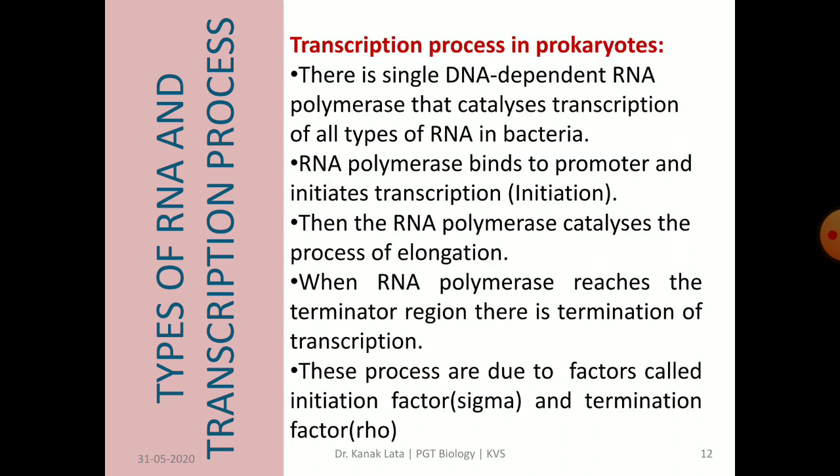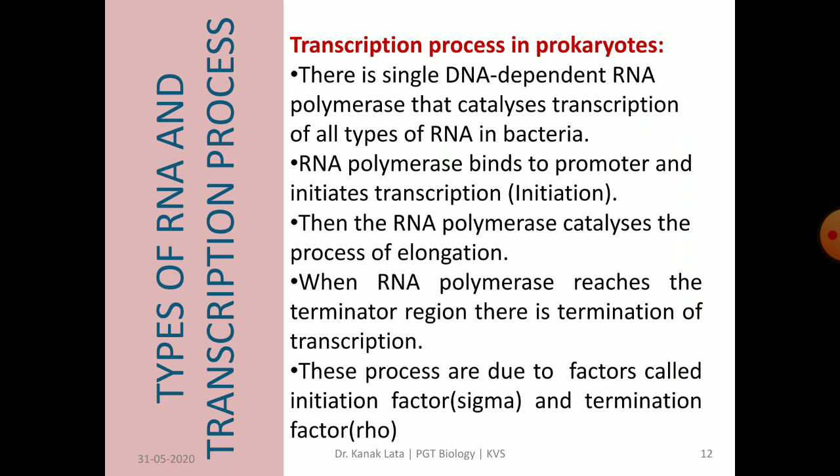Now next is the transcription process in prokaryotes. In case of prokaryotes, that is in bacteria, there is only one DNA-dependent RNA polymerase enzyme that catalyzes transcription of all the types of RNA.